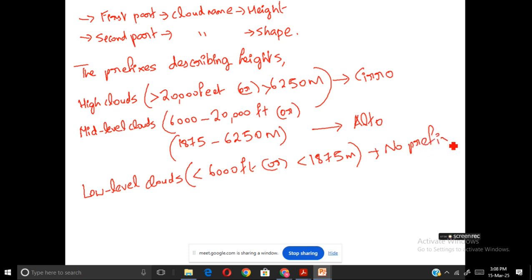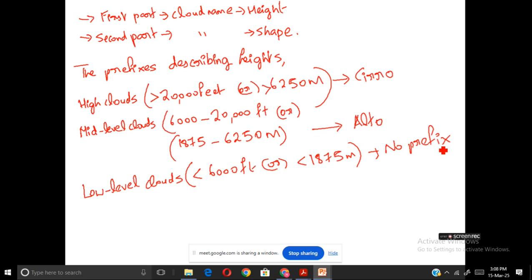So high clouds, which are seen at a height of greater than 20,000 feet or approximately 6 kilometers, have the prefix cirro. Mid-level clouds, found between 6,000 to 20,000 feet or 2 to 6 kilometers in height, have the prefix alto.